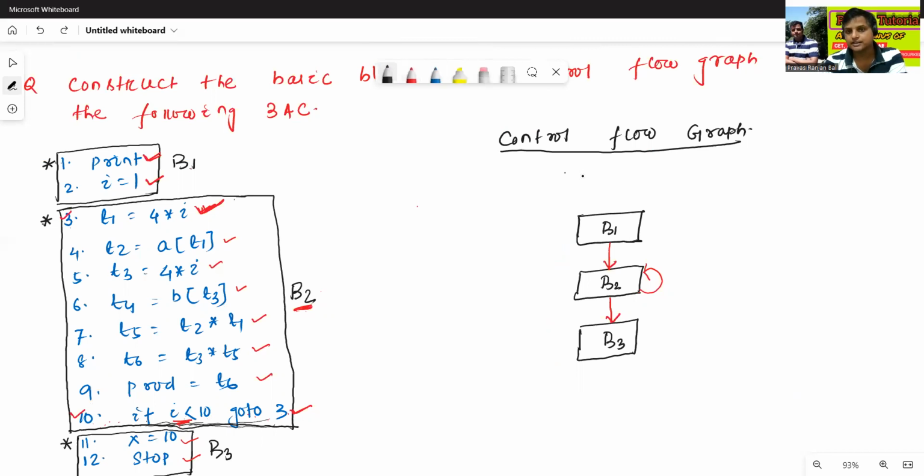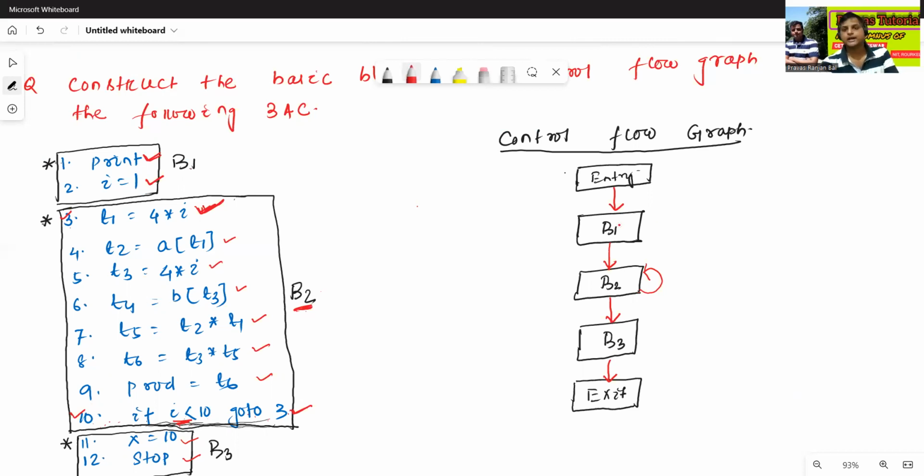So we just add one entry and one exit here. Simply connect entry to B1 and B3 to exit. Okay. So this is my overall control flow graph.